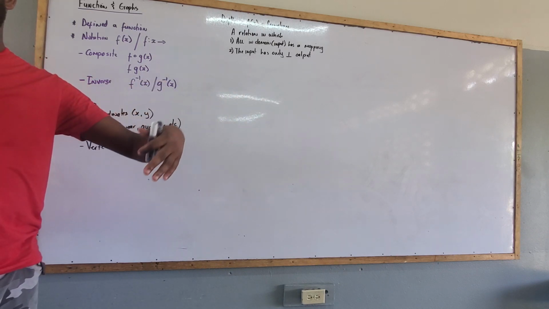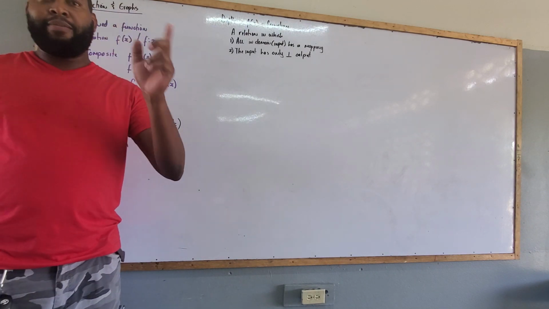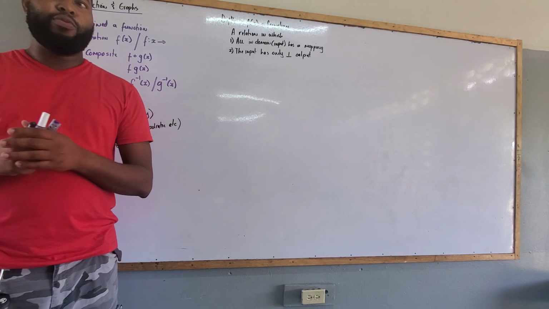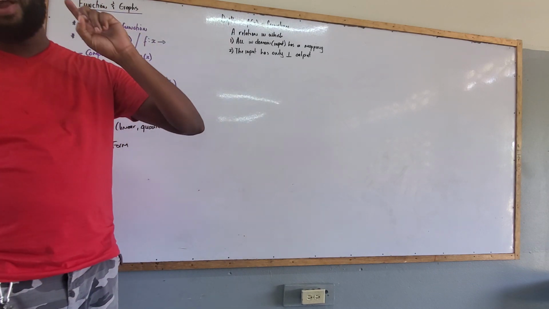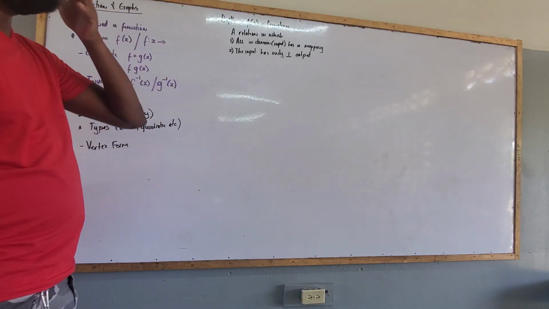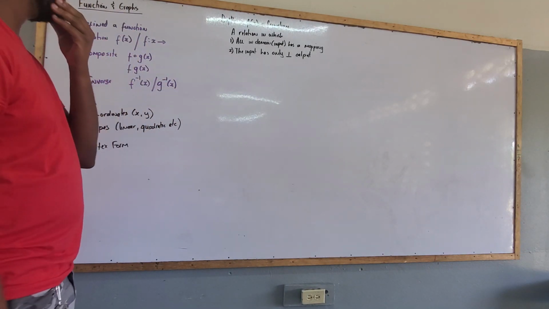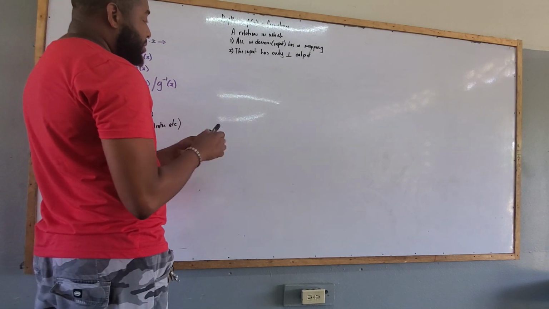A unique output would mean every input has a different output. What must be true is that there is only one. As long as you understand those two things, you pretty much understand what a function is as we move into stuff. So let's get right into notation now.